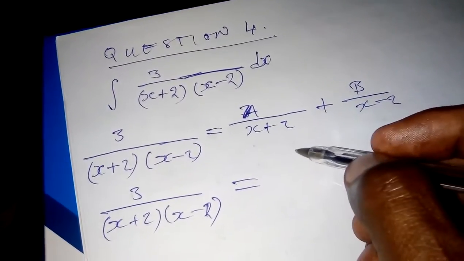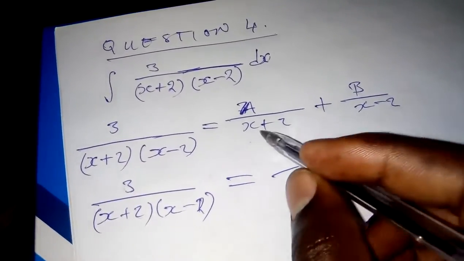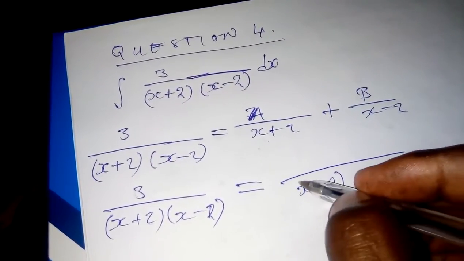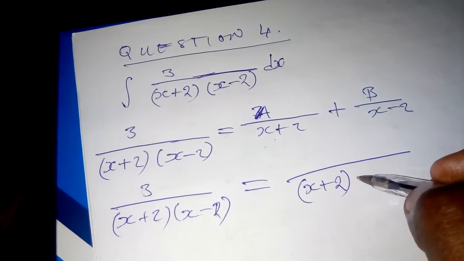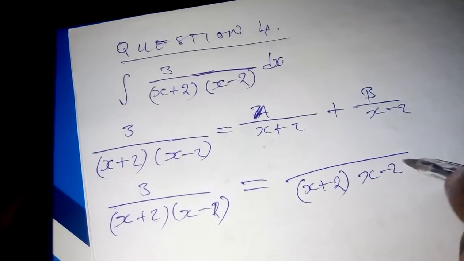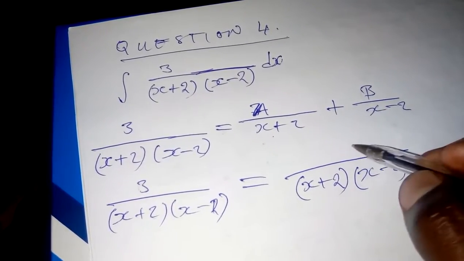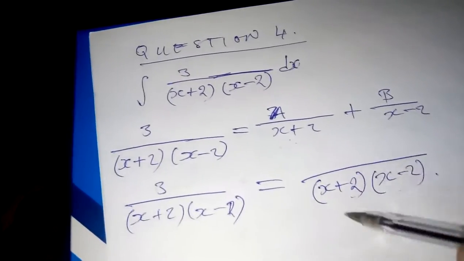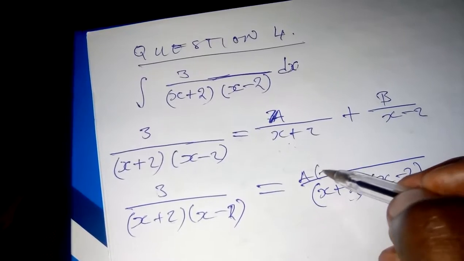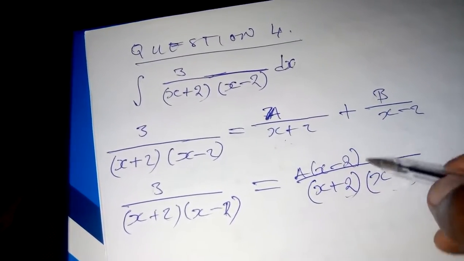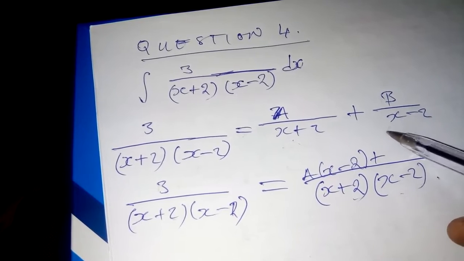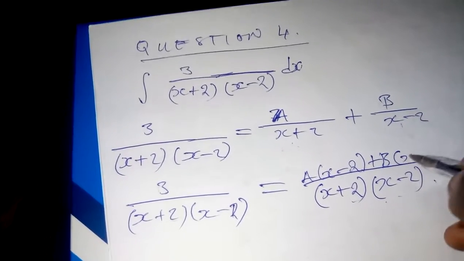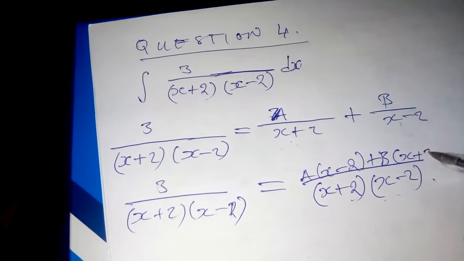So this is equal to, when you're resolving this as a single fraction, you find the common denominator, which is just going to be x plus 2 then you have x minus 2 there, and then you say x plus 2 into this denominator there, you get x minus 2. x minus 2 times A, you get A(x minus 2), like that. Then you get plus, and then this side, this into that, you get x plus 2 times B, so meaning you get B(x plus 2), like that.